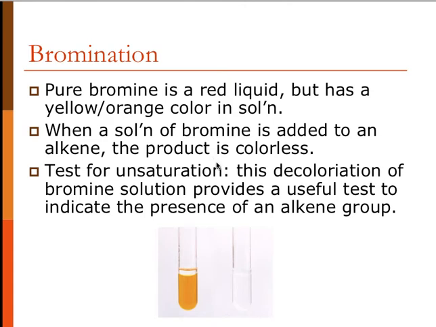Since the alkene is going to react with the bromine, the test for whether an alkene is present, another way of saying that test to see if I have unsaturation in my hydrocarbon, is to put it with a solution of bromine. If there is an alkene present, it will go to a clear solution. Okay, if it is an alkane, it will not react with the bromine and stay colored.